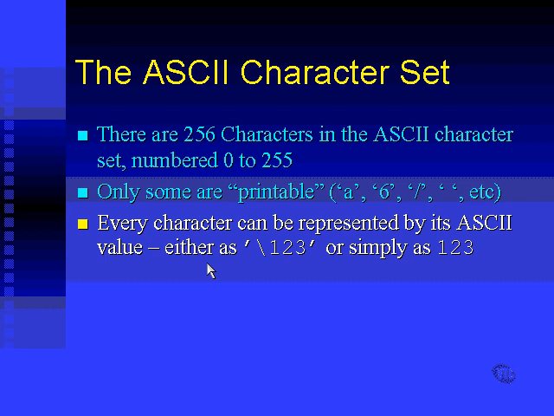Or you could do this. You could say the variable equals quote backslash 97 quote. And that would be another way to represent A. The backslash means we're not talking about a real character here, we're talking about an interpretation of a character. So what happens is if the compiler sees a backslash, it looks at the next character and says, well, what is it?